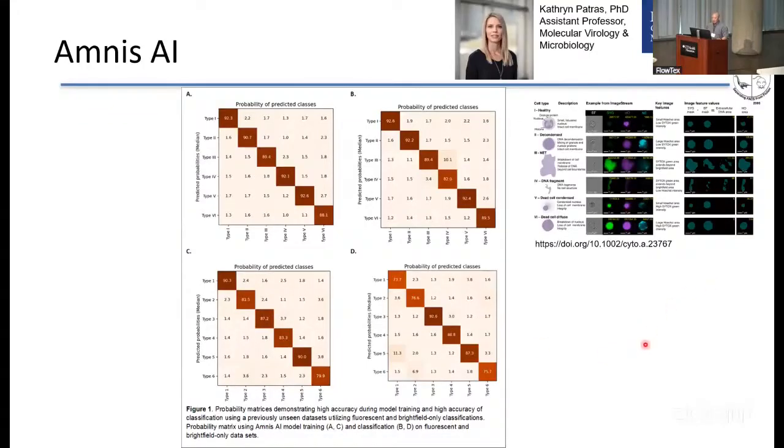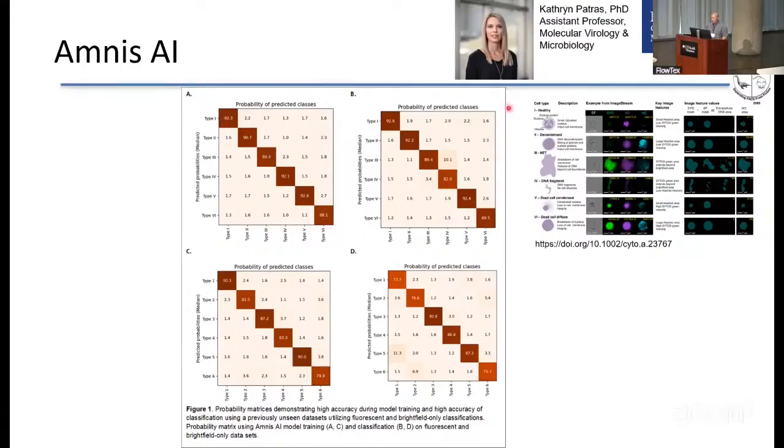So we were able to train a model using the fluorescent staining, which you can see here, matrix A, which shows the probability of being able to classify each of these 6 phenotypes accurately. And then we tested that on an unseen data set, which is here, matrix C. So we arrived at about 80-ish% probability of accurately classifying cells, which we're quite happy about.